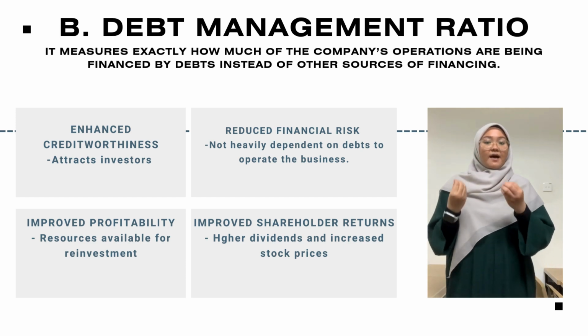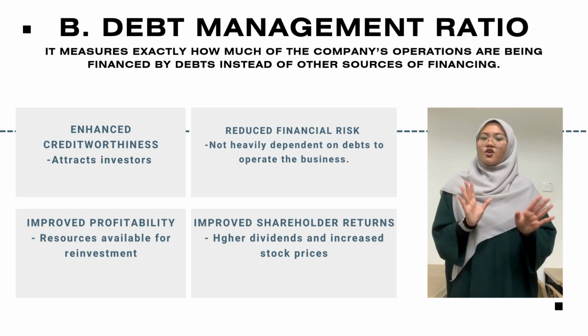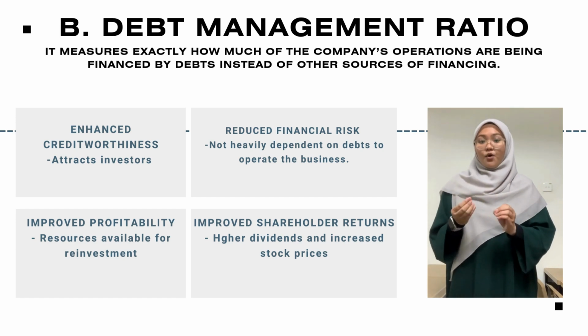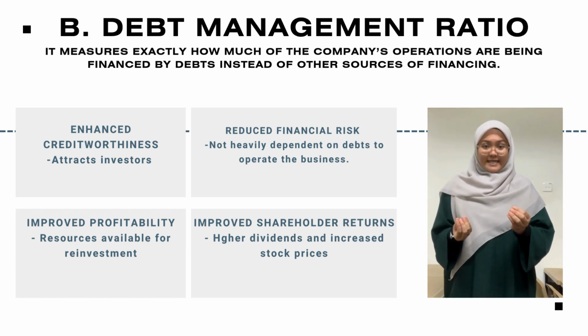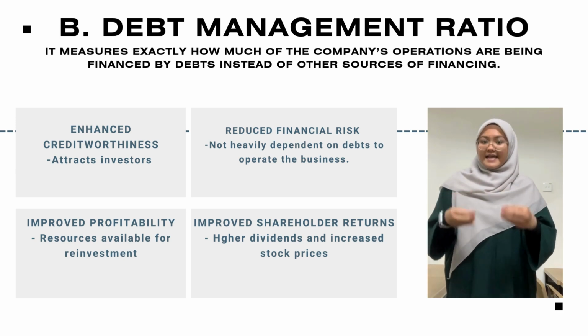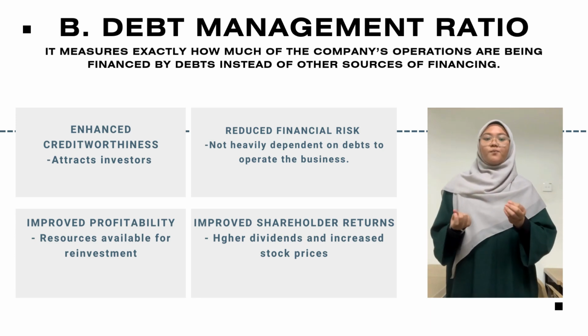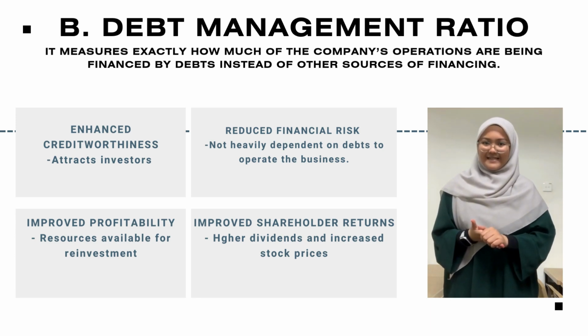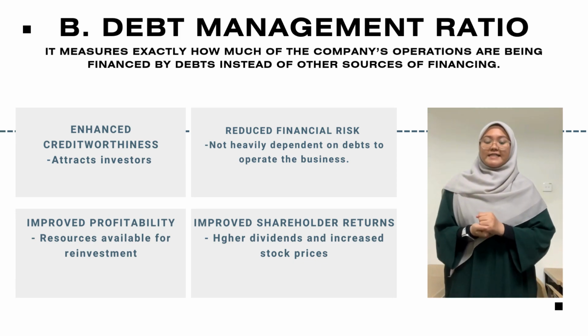This happens when a company has a low debt management ratio that indicates they are not spending too much on the borrowing costs and to repay their debt obligations. In return, they will have more resources to be reinvested and they can expand their business, which in the long run will help them to have higher profitability. The last importance, number 4, is improved investors' returns.